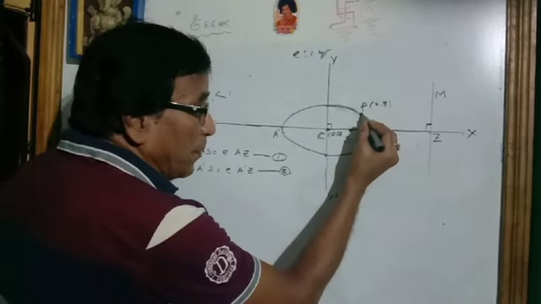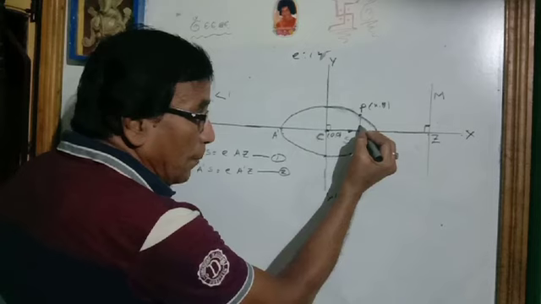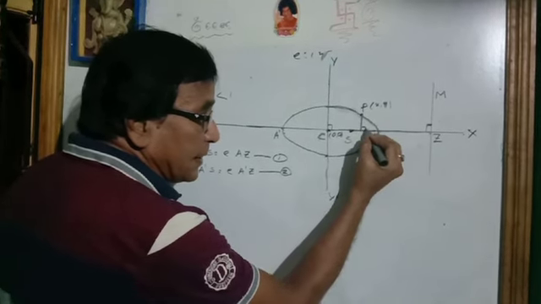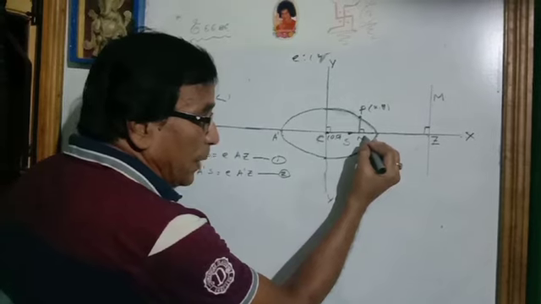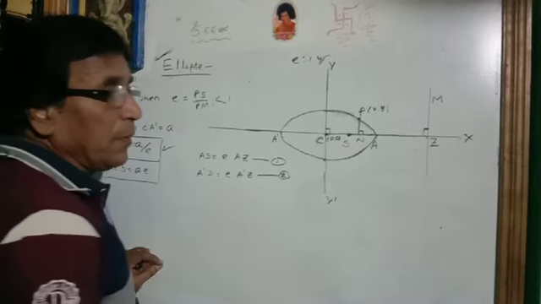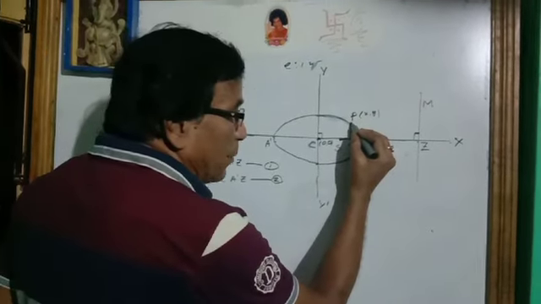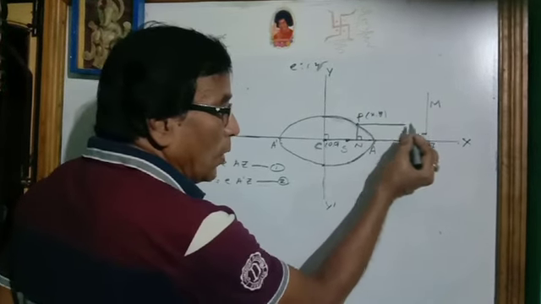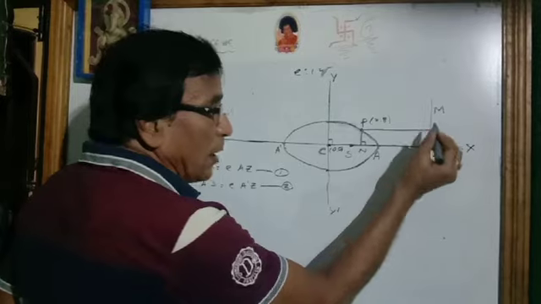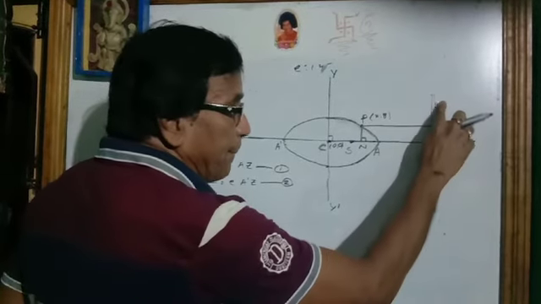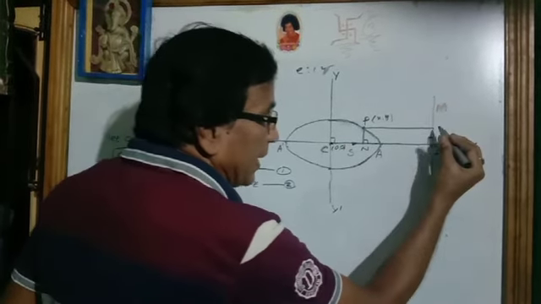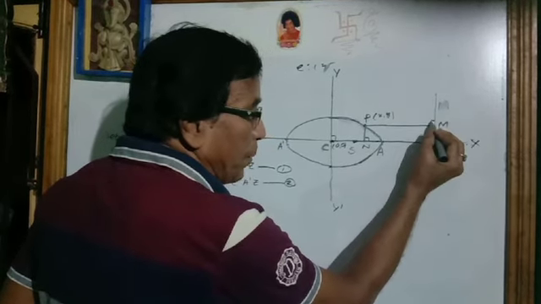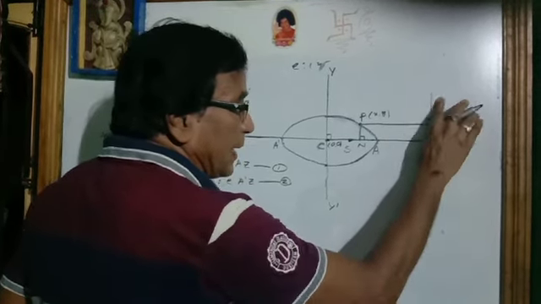From the point P we will draw a perpendicular on the x-axis. Let that perpendicular be PN, and from the point P we will draw a perpendicular PM on the directrix ZM.